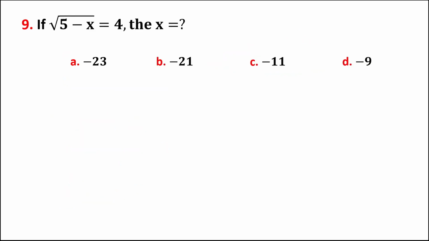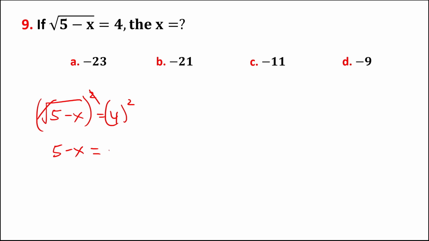Then for this given, to solve for x, we have the square root of 5 minus x equals 4. Again, we need to square both sides to omit this radical. So we have 5 minus x equals 4 squared, which is 16.